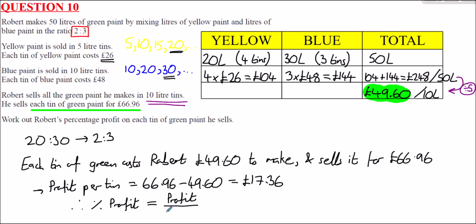So it's profit divided by initial cost, and that multiplied by 100. So here it's going to be £17.36, which is the actual profit per tin. We're going to divide that by the cost to make each tin, which we worked out earlier was £49.60. Then we're going to multiply that by 100.